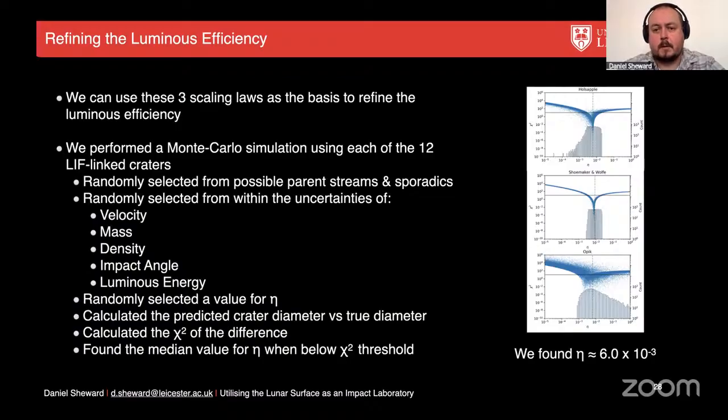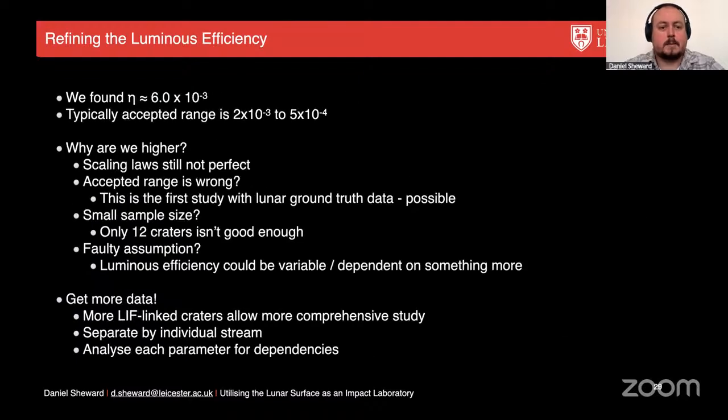Now, that is slightly outside the accepted range for the luminous efficiency that's been used in the literature previously. So why are we higher than what's typically accepted? Well, we know that the scaling laws aren't perfect, that none of them fit the data perfectly.